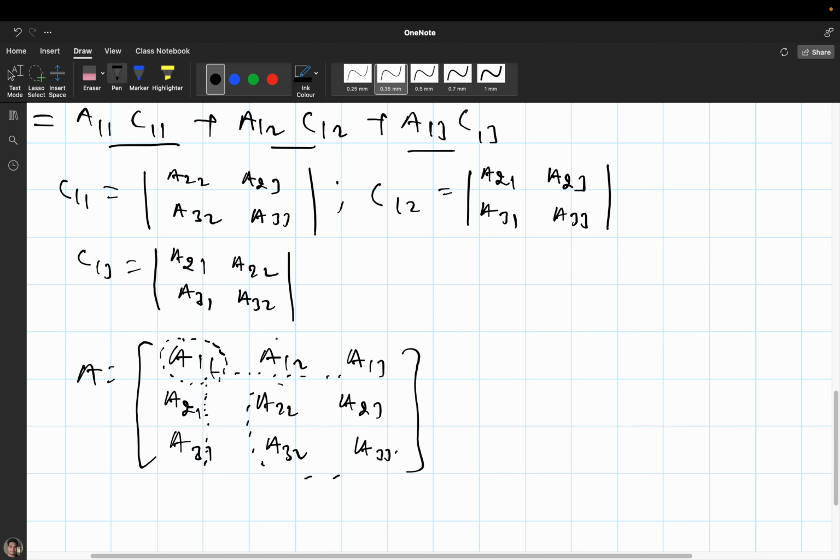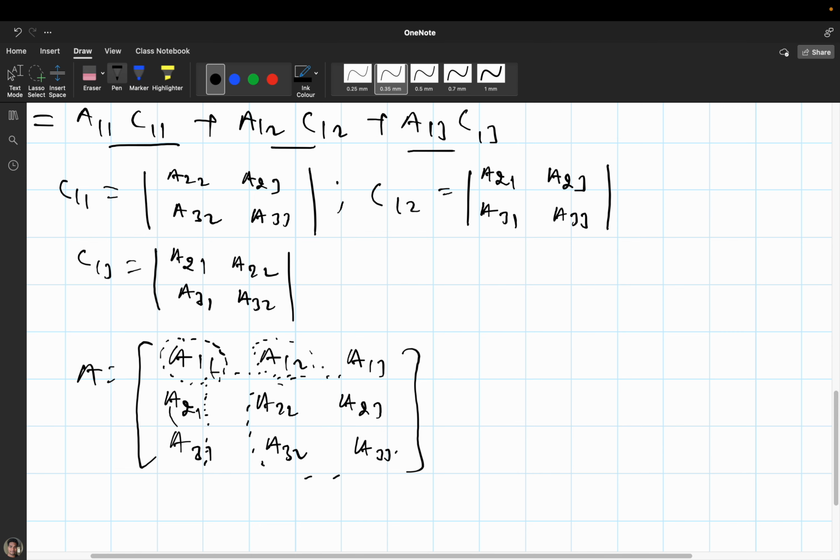C12 is by taking this element and ignoring its row and column, then these four come into the picture. Similarly for A13, when you ignore its row and column, you get these four terms. So this is the concept of the determinant.